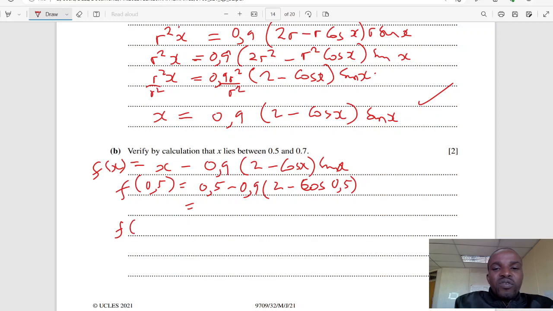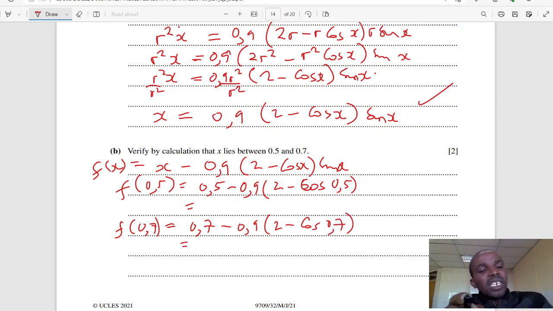Then I put f of 0.7. It will be 0.7 minus 0.9, (2 minus cos 0.7). Then what do I get here? If there's a sign change, then you can conclude that there's a root. Calculator in radians: 0.5 minus 0.9, then (2 minus cos 0.5).